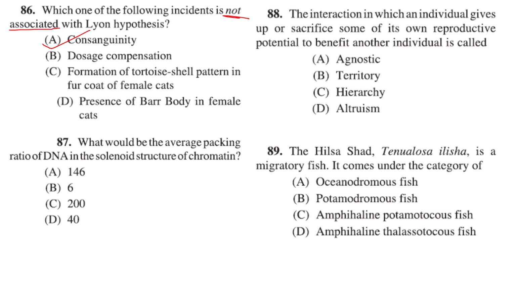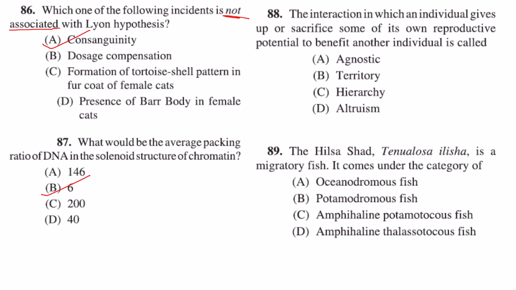Then the next one. What would be the average packing ratio of DNA in the solenoid structure of chromatin? That is 6. So in a solenoid structure of chromatin, the DNA double helix is wrapped around a core of histone proteins. So that forms what is called the nucleosome, and multiple nucleosomes come together and coil together and form what is called the solenoid structure.